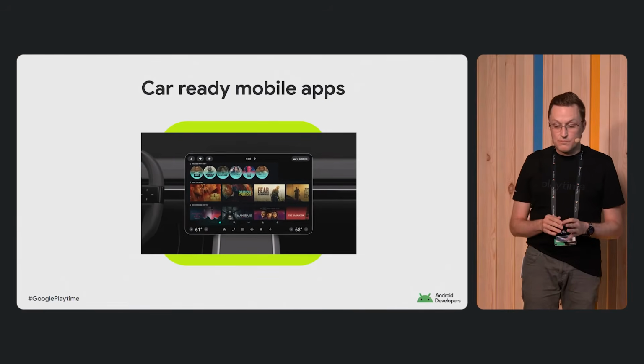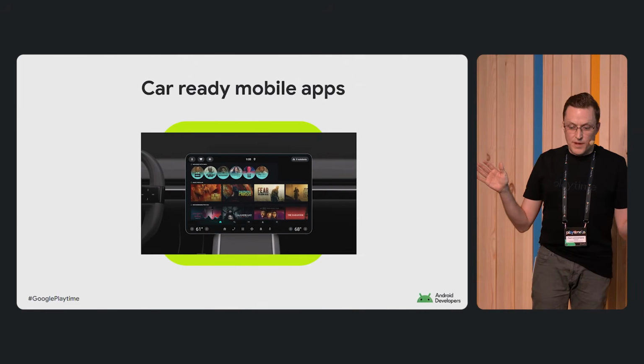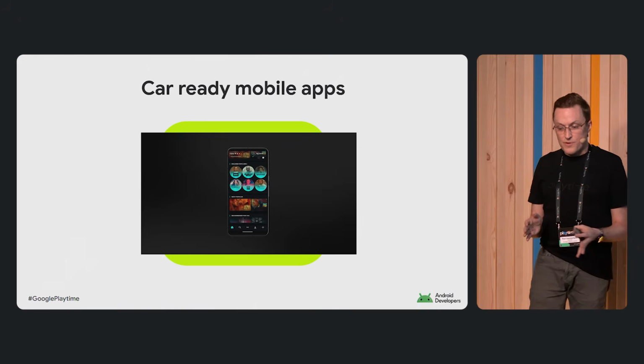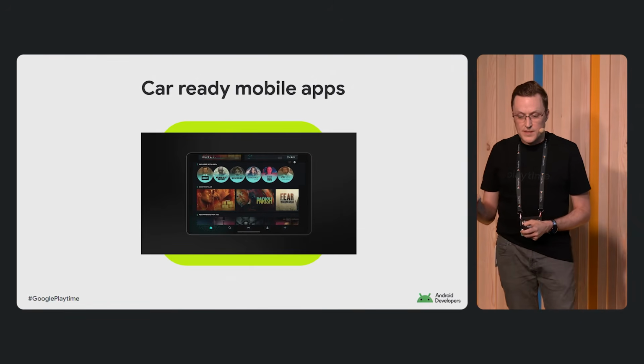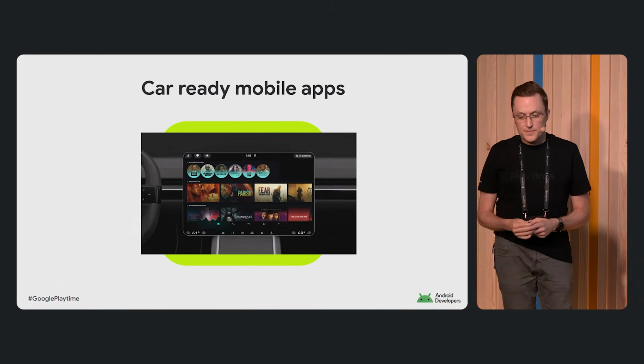Now, the terrific thing about the car-ready mobile program is that as an app developer with an adaptive app, you effectively have to do nothing. By participating in the car-ready mobile program, you can take your existing adaptive app and simply opt it in through Google Play to run in cars with Google built-in.